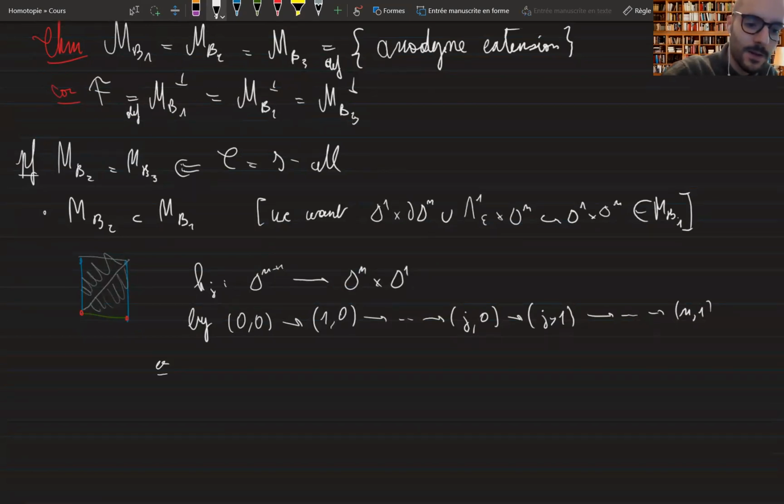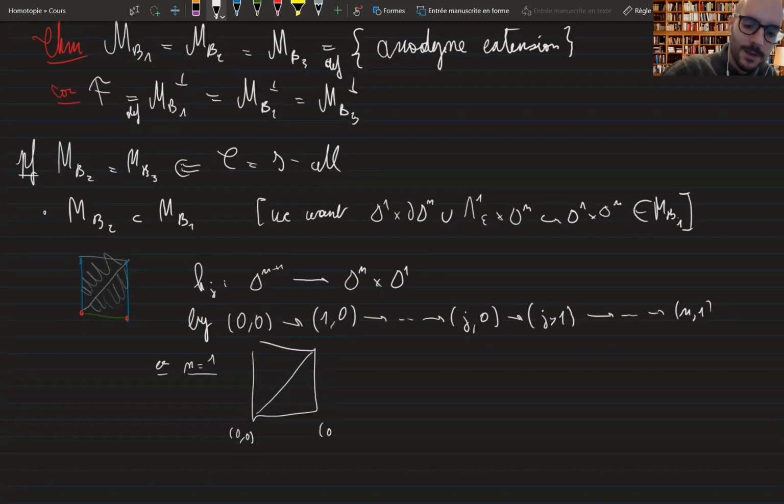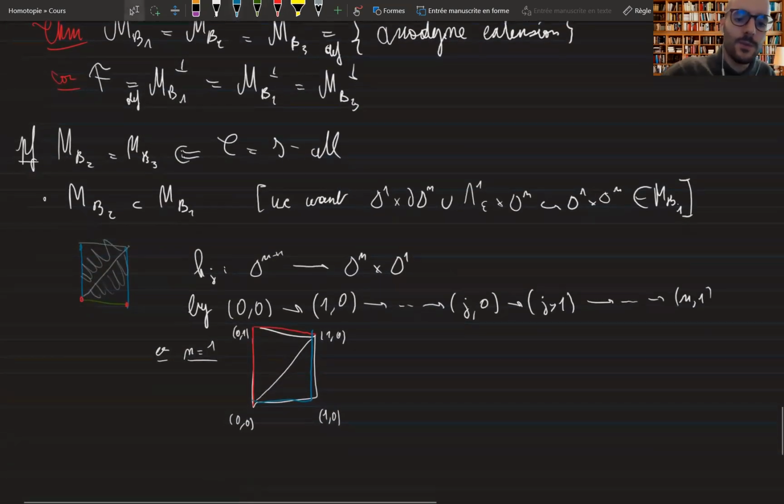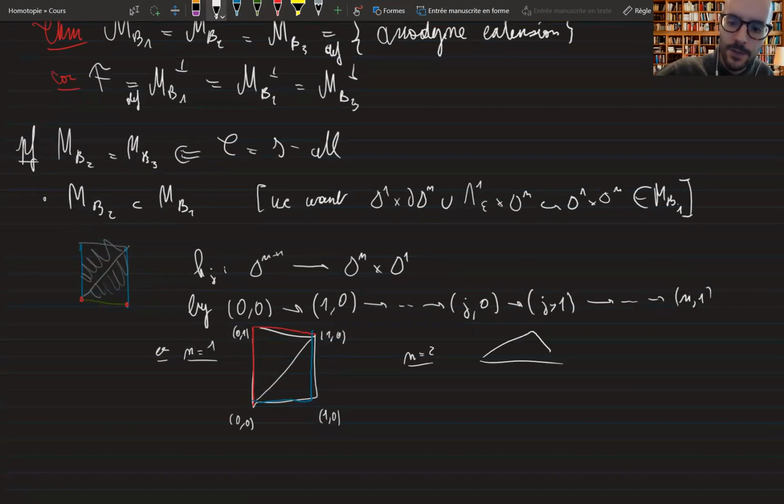So for example, n equals 1. We have our rectangles like this, so 0, 0. This is 1, 0, 0, 1, 1, 1. H0 is when you go up at 0 and then you continue, or the other one is this one. This is H1. If you want to do it for n equals 2, you have a prism like this.